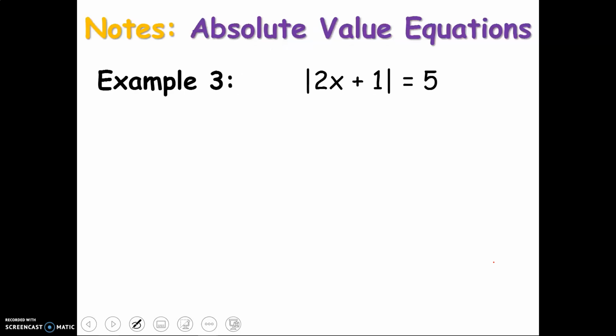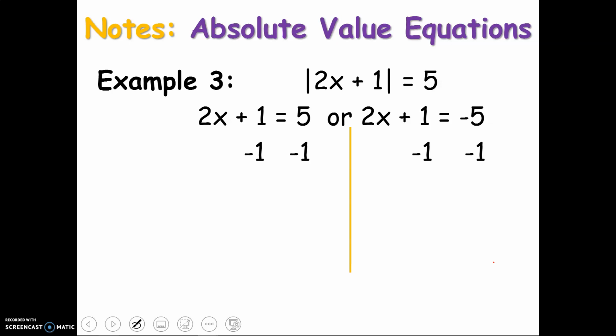Example 3. The absolute value of 2x plus 1 is 5. This means that 2x plus 1 is 5 from 0, 5 right or 5 left. So we get 2x plus 1 is 5, or 2x plus 1 is negative 5. Solving this equation, we start by subtracting 1 from each side.